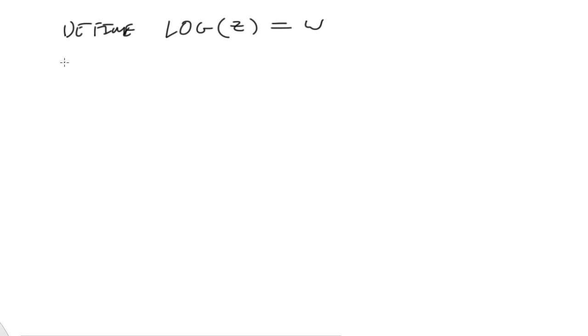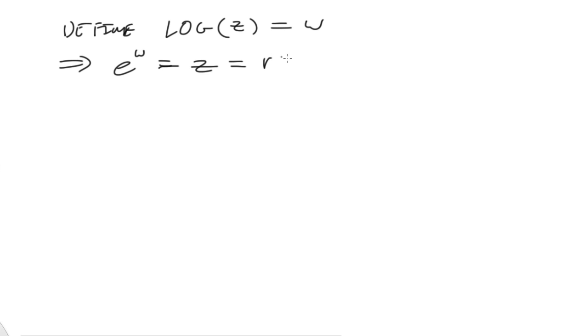So now I'm going to flip things on their head a bit. I'm going to say that z is equal to... hold on. So that's equivalent to saying that e to the w is equal to z. I've just reversed the roles that z and w played on the previous page.